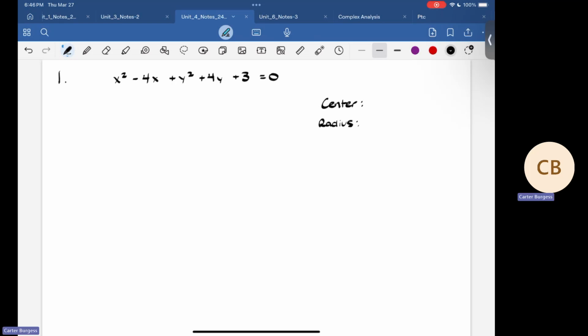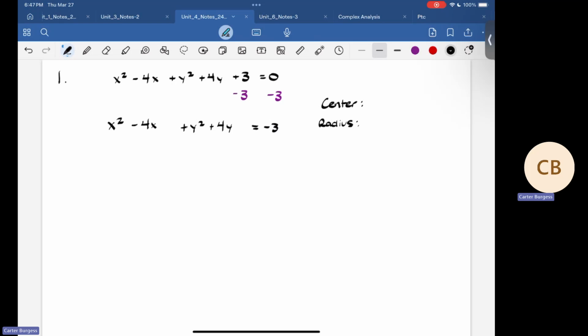Now, the very first thing that I like to do, and you guys did a great job of this in class, I like to just move this 3 over to the other side. It's just going to make up some space for us as we're working with what we've got here on the left-hand side. So I'm looking at x squared minus 4x plus y squared plus 4y is equal to negative 3.